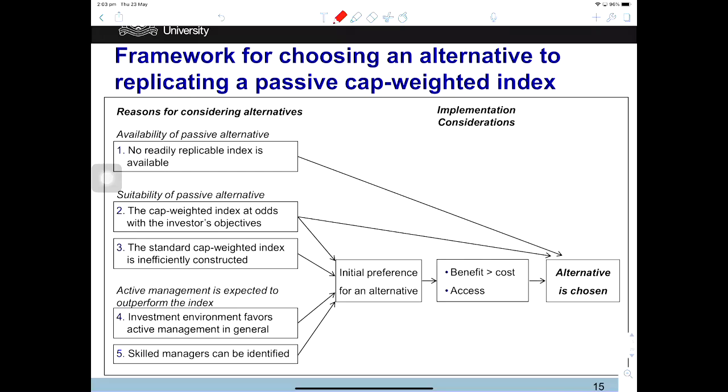If I want some asset allocation into fixed income securities, I want them in my total portfolio as a diversifier of the equity risk. I don't care if the passive index is efficiently constructed or not. I just want fixed income exposure. But some investors really want custom, tailored, managed fixed income portfolios.